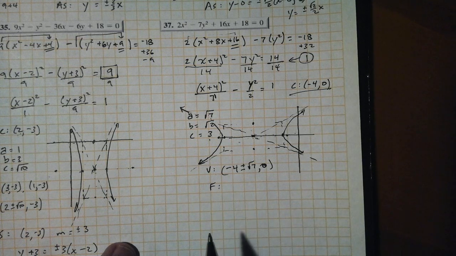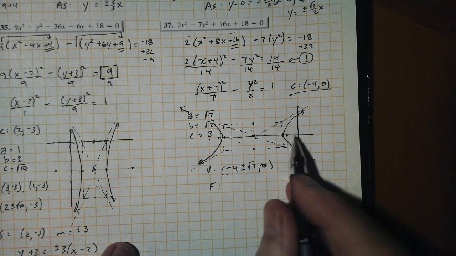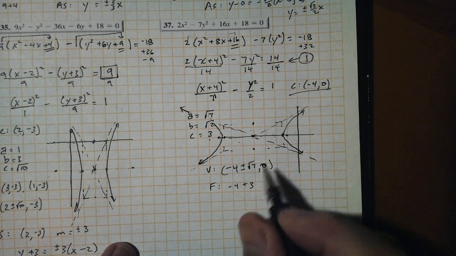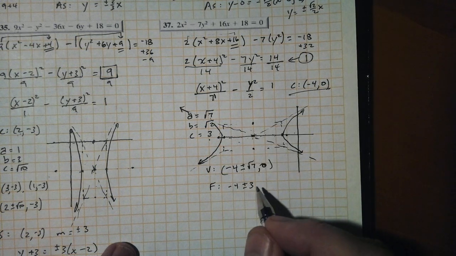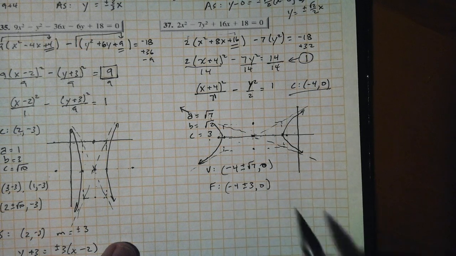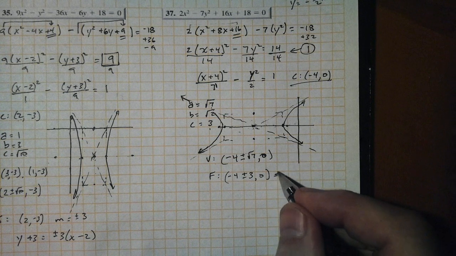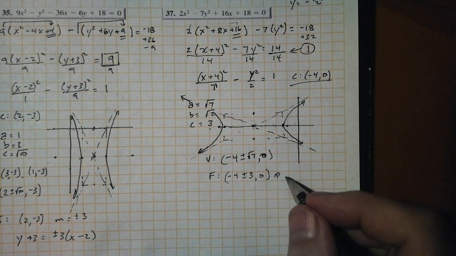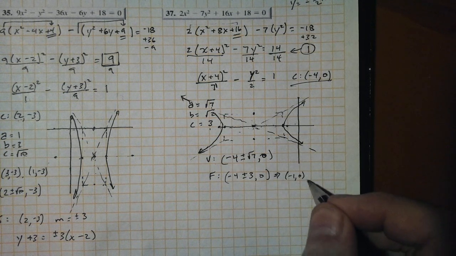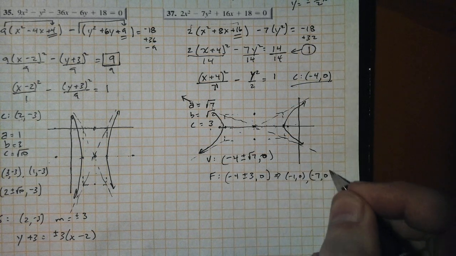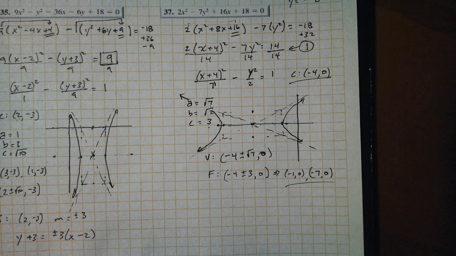To get to the foci, watch this, I went left 4, I came back 3, or I continued 3 at 0. I would take a small deduction on that, though, because we should simplify that. Negative 4 plus 3, negative 1, 0, and negative 4 minus 3, negative 7, 0. Better answer.